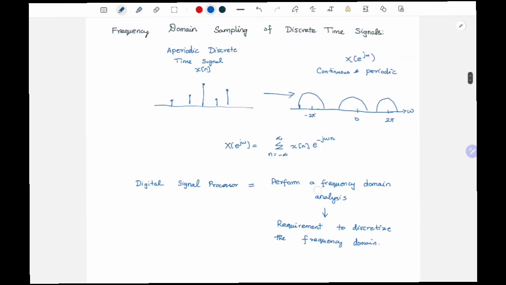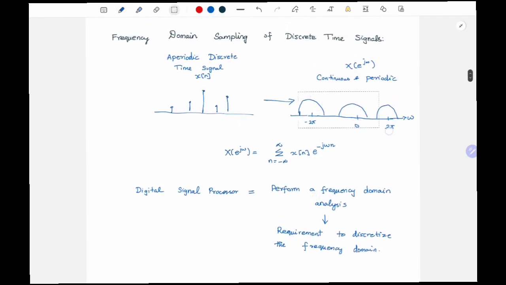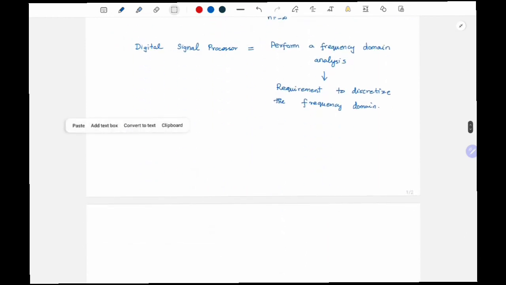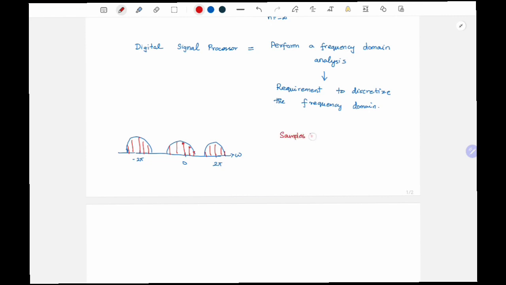So now I have this X of e power j omega, and I want to sample it. Since it is periodic, if I consider only the samples in the region 0 less than or equal to omega less than 2 pi, it is sufficient.